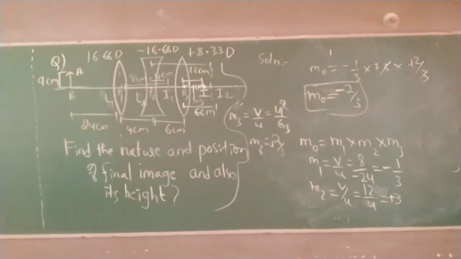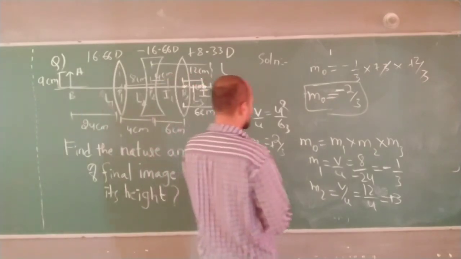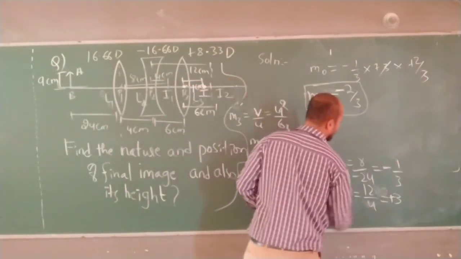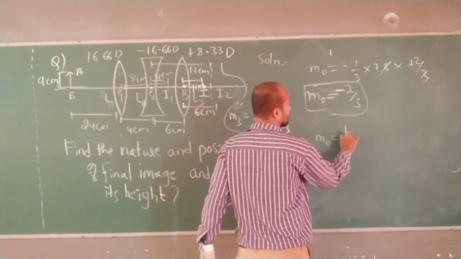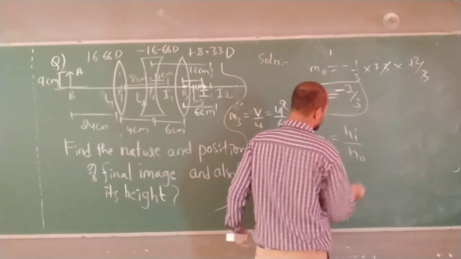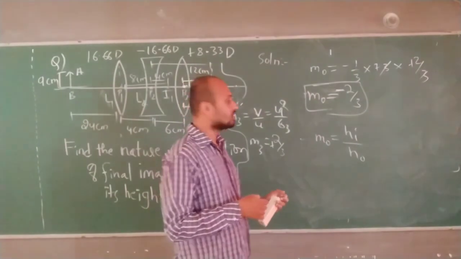Then another question is asked. Find the height of the image. We can calculate height now. How to calculate height? M0 is equal to Hi by Ho. I can write like this.